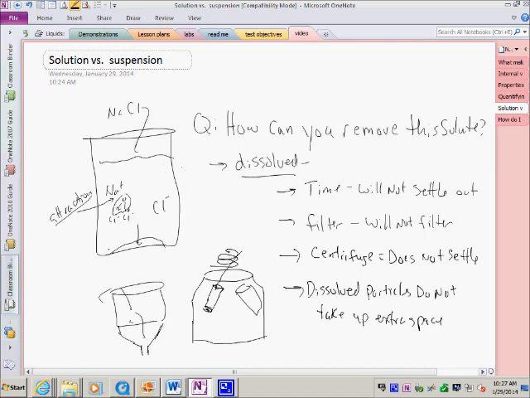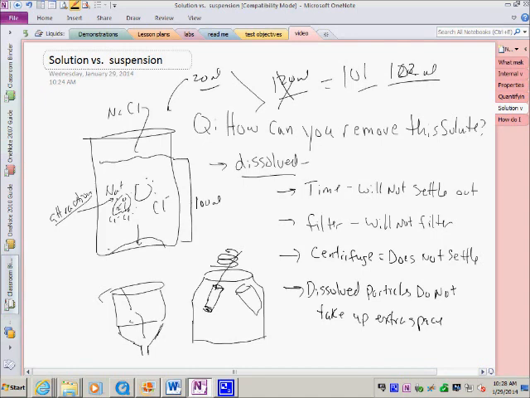So I could have 100 milliliters of water in here, and if I dump in, let's just say 20 milliliters of salt, I'm not guaranteed to have 120 milliliters of volume. The salt will actually fit between the water molecules. They're very tightly knitted in there. Maybe I get 102 milliliters of volume. I'm not going to get 120. I might maybe get 101 or 102 milliliters. So a slight increase, if any.